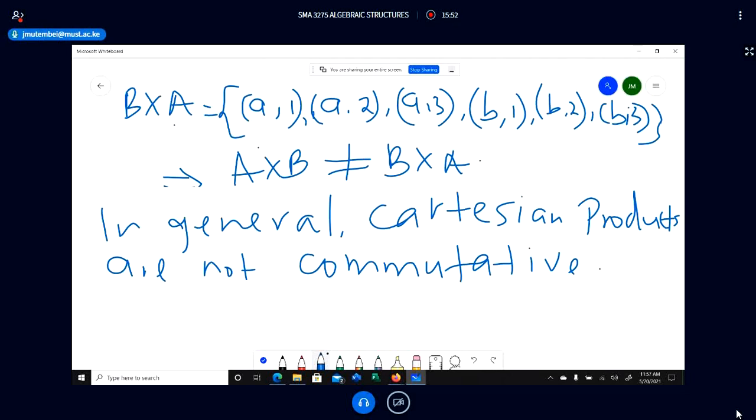Next, we define another terminology, which is a relation. We can say something about relations on sets.